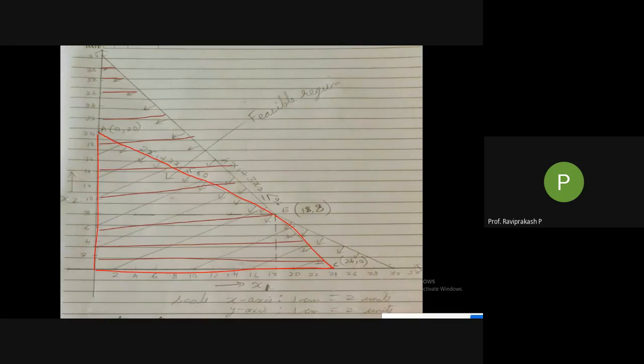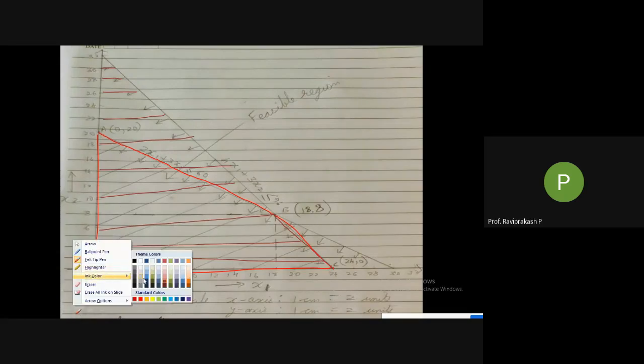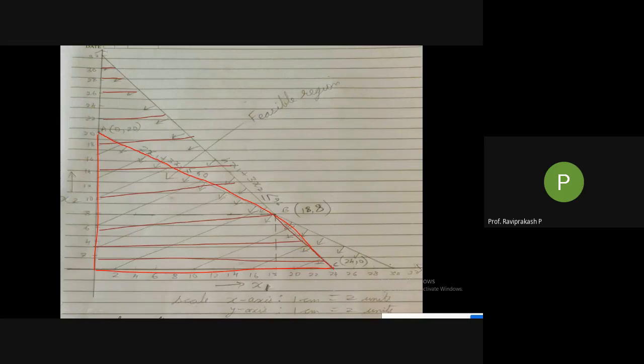It comes till here. Next I'll change the color and take blue. Now the area under this particular line, I'll mark it in vertical lines.